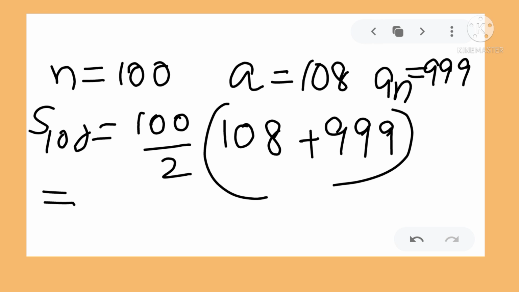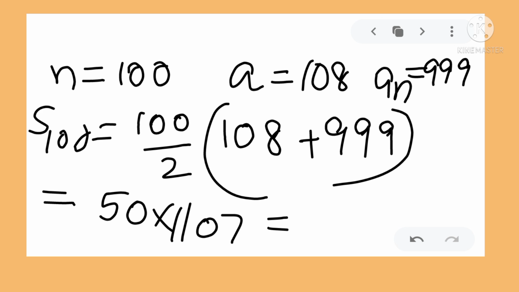So this is 100 by 2, which is 50, into 1107. So the answer is 50,350.